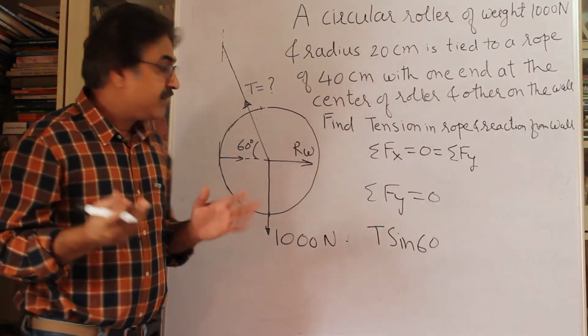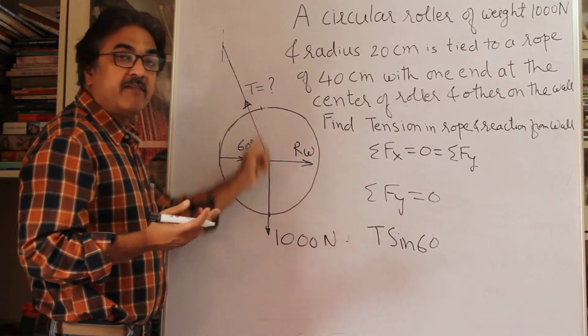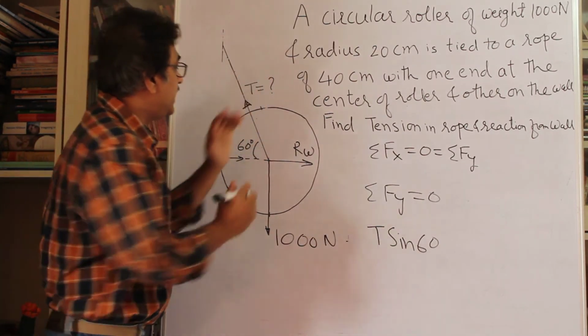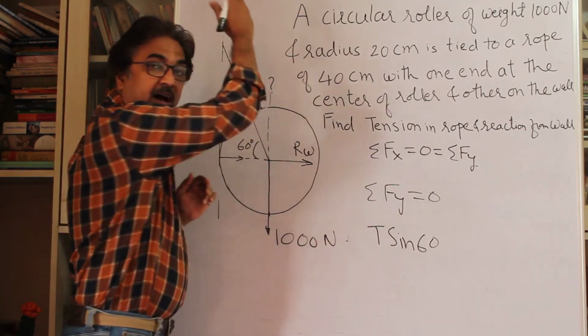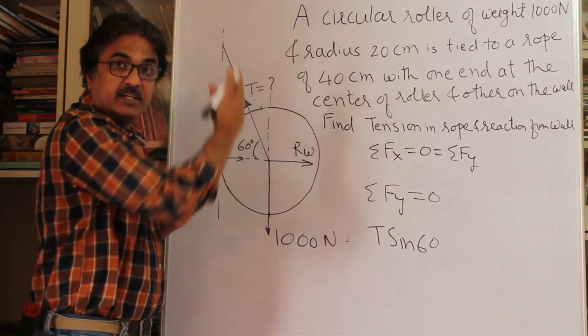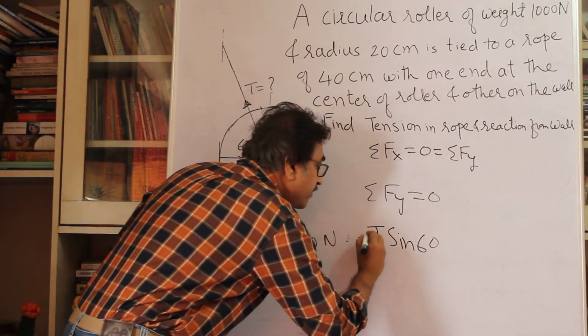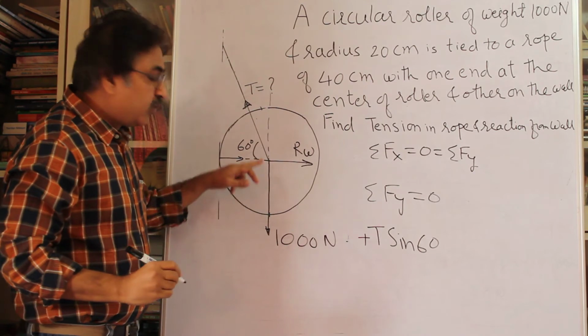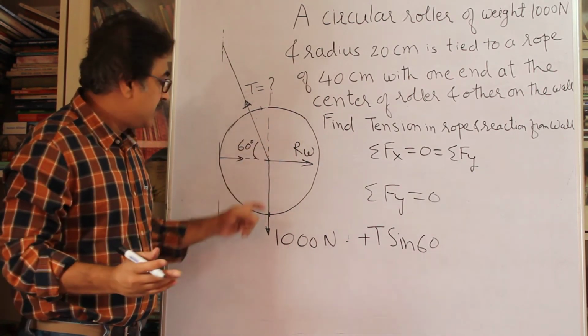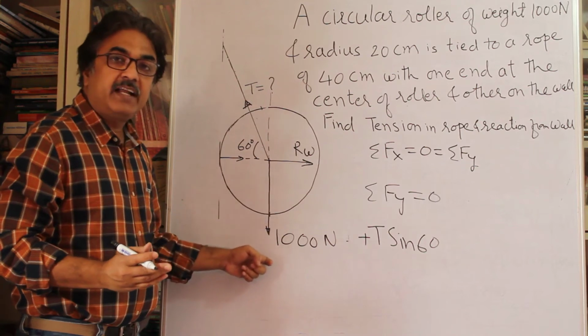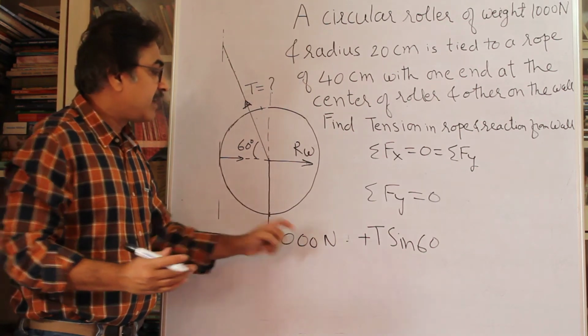What will be its sign? Look, this arrow is away from the center. When you resolve it vertically, this is the vertical axis, it is going to be away from the center. That means upward. So this is going to be plus. Then RW is only a horizontal force, so it will have no bearing on vertical resolution. The only other force is acting downwards, so it's negative 1000 newtons.